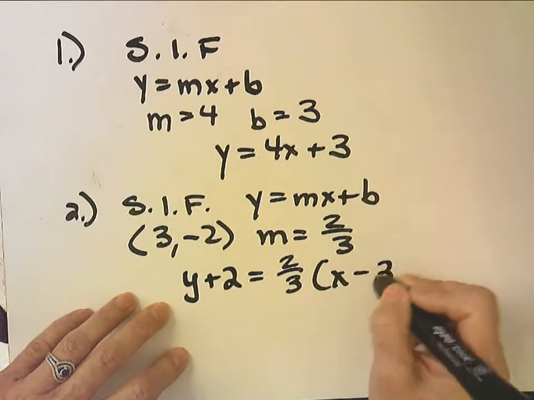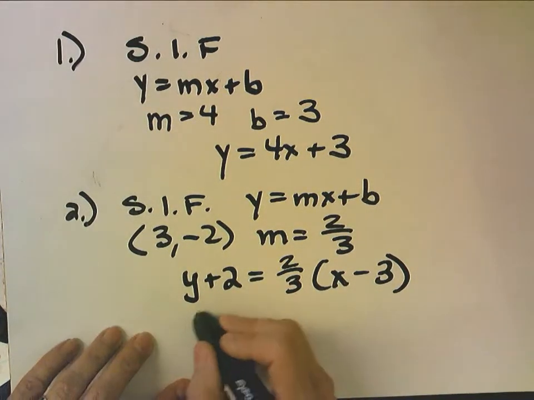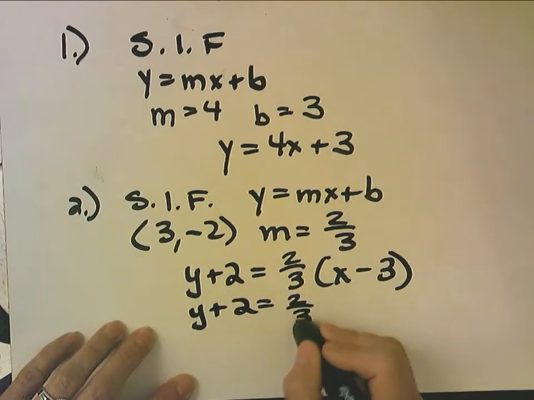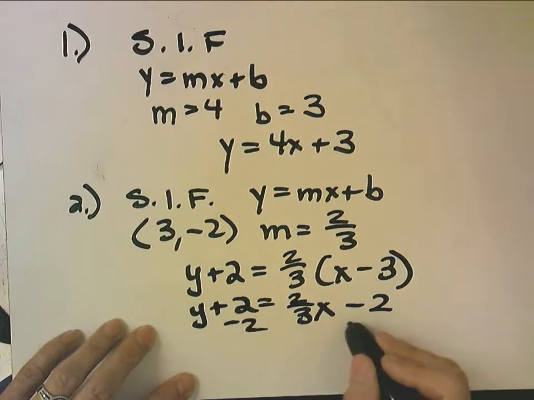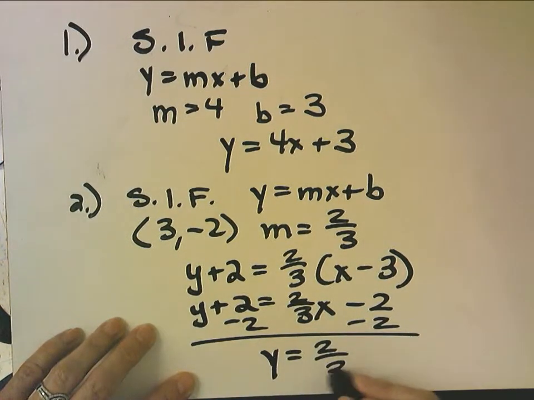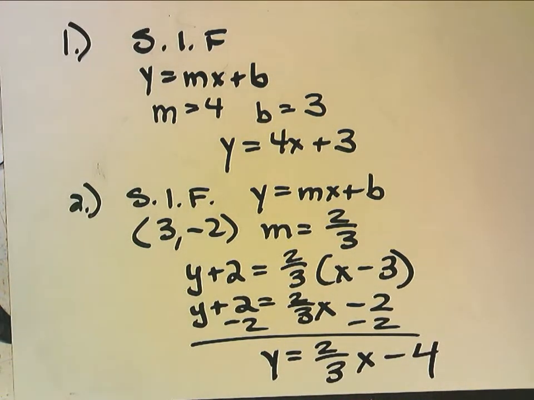But I don't stop there because they asked for slope intercept form. There are no parentheses in slope intercept form, so I distribute. And then I subtract 2 from both sides. And I get y equals 2/3 x minus 4.